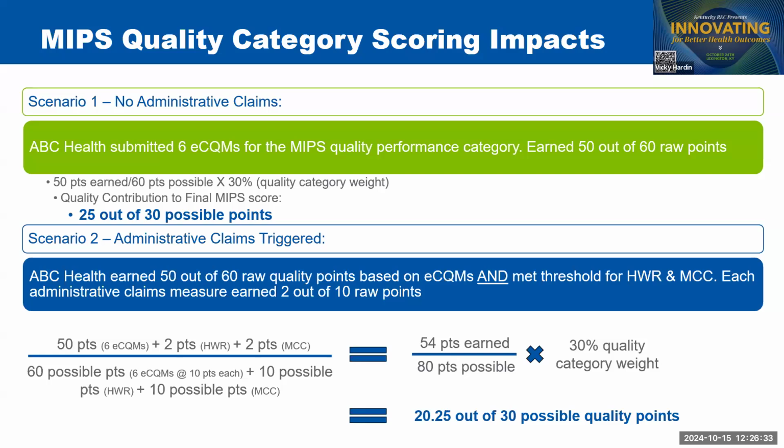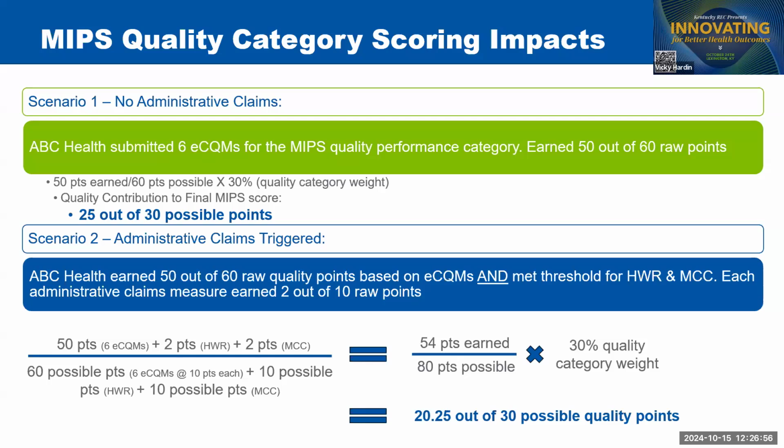For your denominator, you had 60 possible points for your 6 CQMs, 10 points for your hospital-wide readmission, and 10 points for your multiple chronic conditions, which gives you a total of 80 points possible in the denominator. Multiply that by 30% quality category weight, and you get 20.25 out of 30 possible quality points.